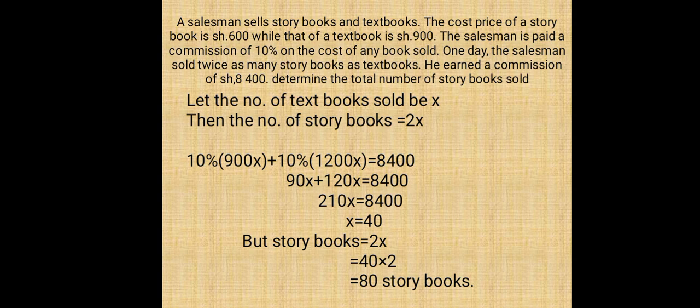Now solve for x, we get that x is 40. This means that he sold 40 textbooks, and since the storybooks are twice as much as the textbooks, it means that he sold 80 storybooks. That is 40 times 2.